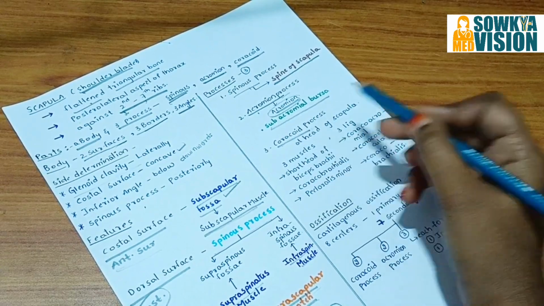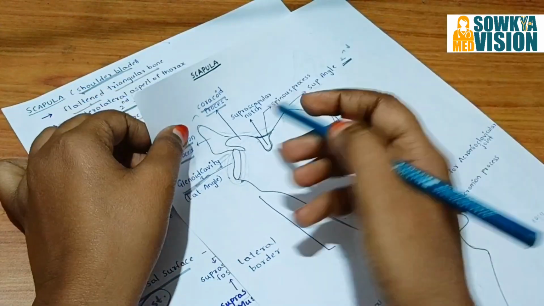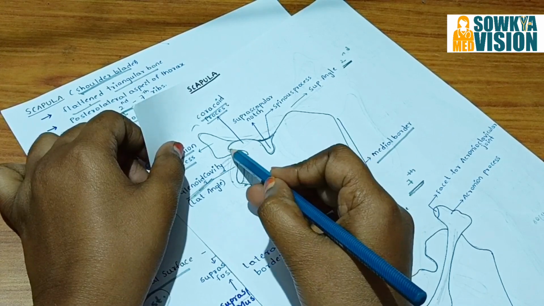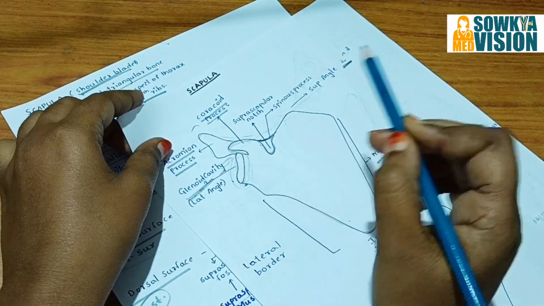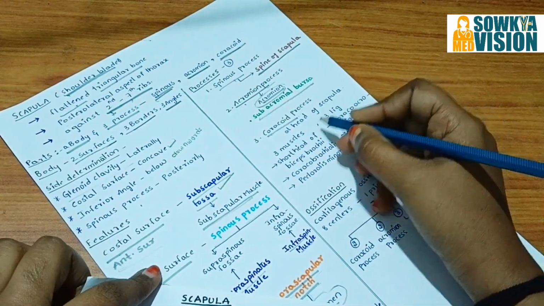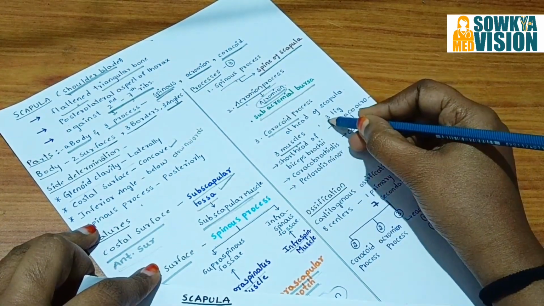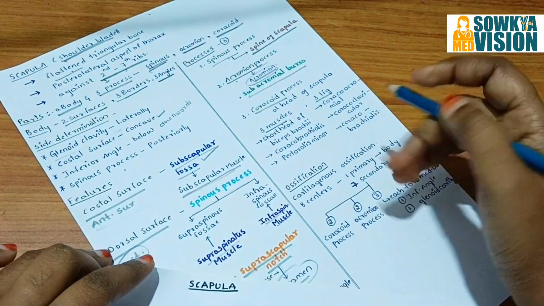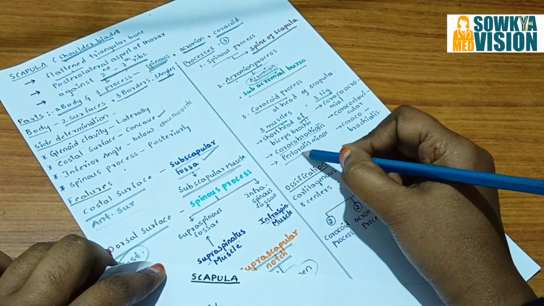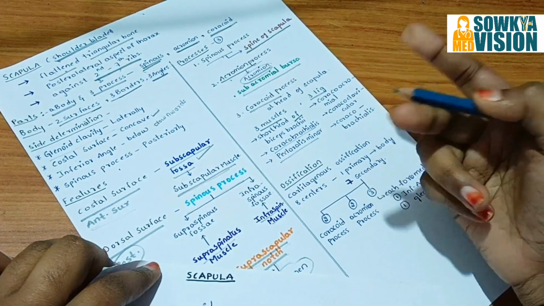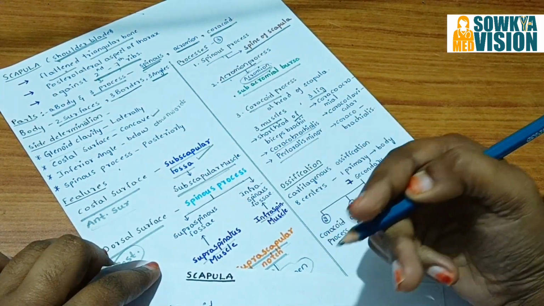Now the coracoid process. This hook-like beak, it is like a beak, right? So it is known as coracoid process. It gives attachment to three muscles and three ligaments. What are the three muscles? Short head of biceps, coracobrachialis, and pectoralis minor. In the last class we discussed pectoralis major.